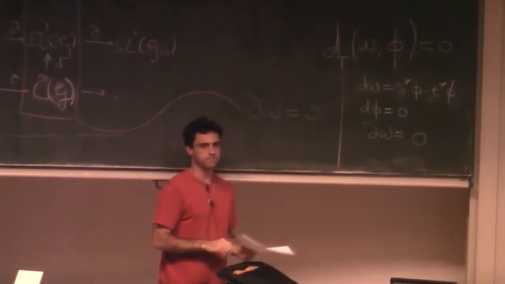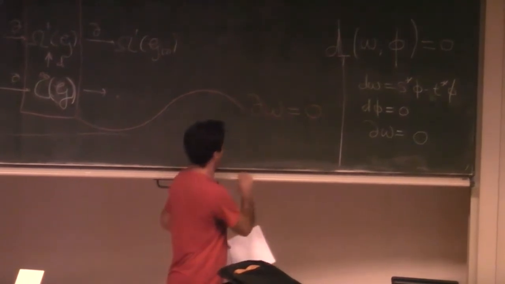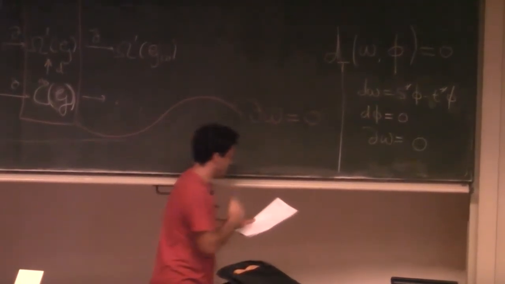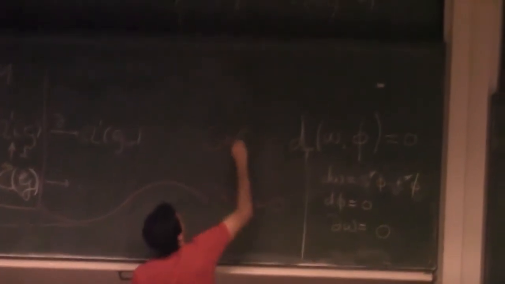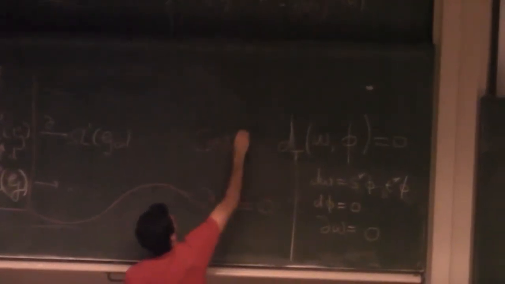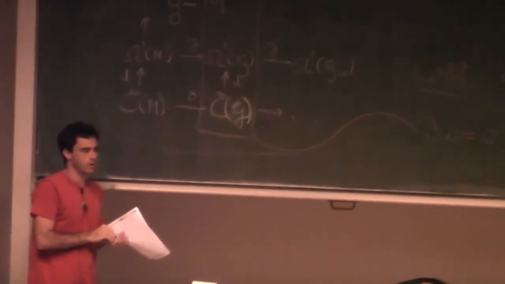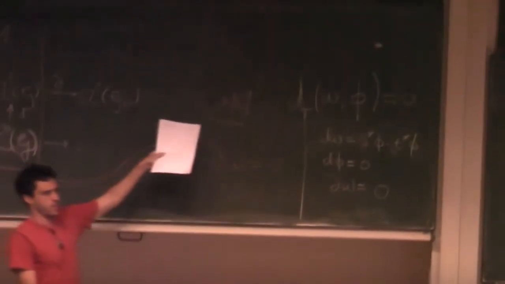Alright, so just to motivate this, what is this double complex in the case of an action groupoid? This is a double complex that computes the equivariant cohomology of this G-manifold.